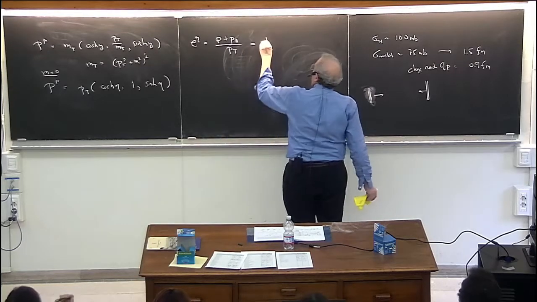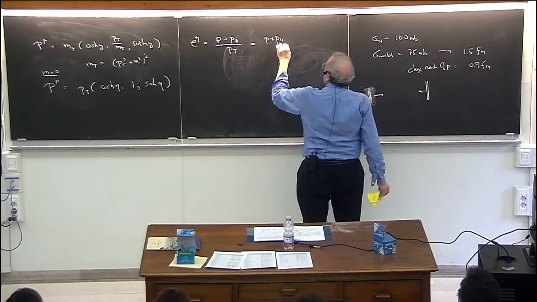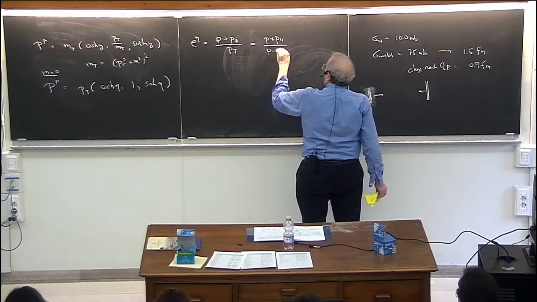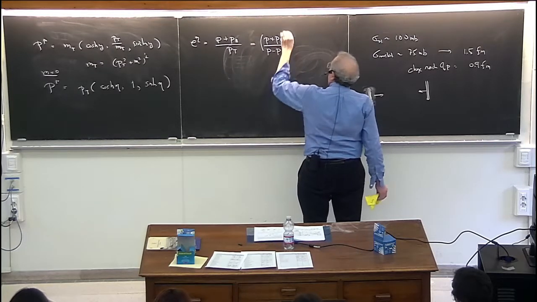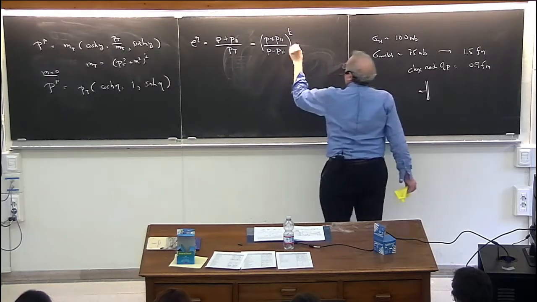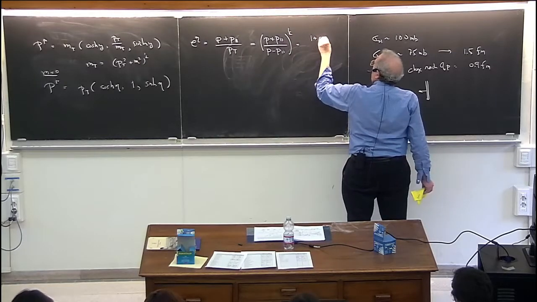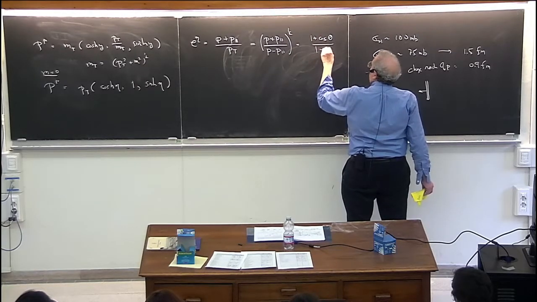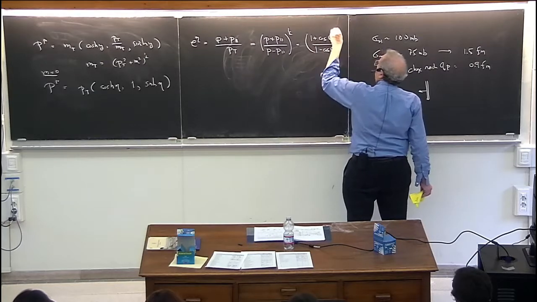You can also write this as p plus p parallel divided by p minus p parallel to the 1/2. And this is 1 plus cosine theta over 1 minus cosine theta to the 1/2.